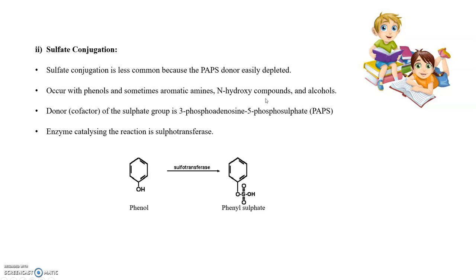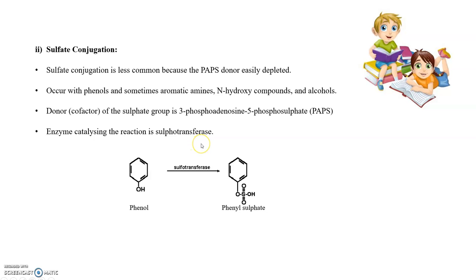Here you can see an example also. This is phenol, and it is being converted to sulfates with the help of sulfotransferase and with the help of this 3-phosphoadenosine 5-phosphosulfate.